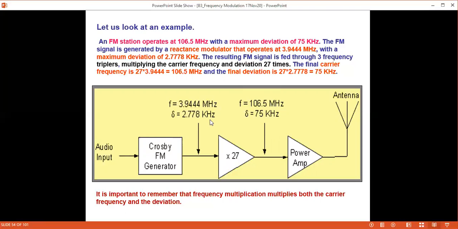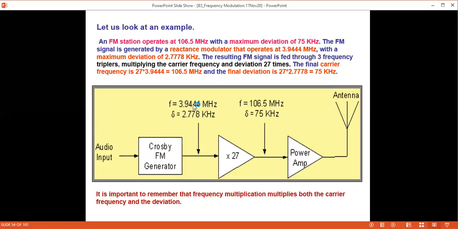So if we multiply by the same factor, in order to simplify the explanation of wideband, we choose the value so that one factor can multiply both F and delta F. So in this example, we just use one frequency multiplier with factor 27.